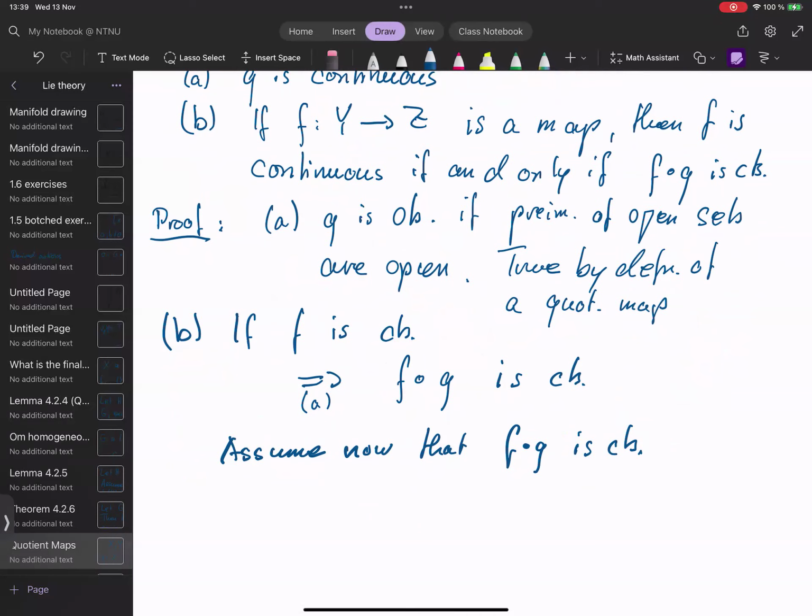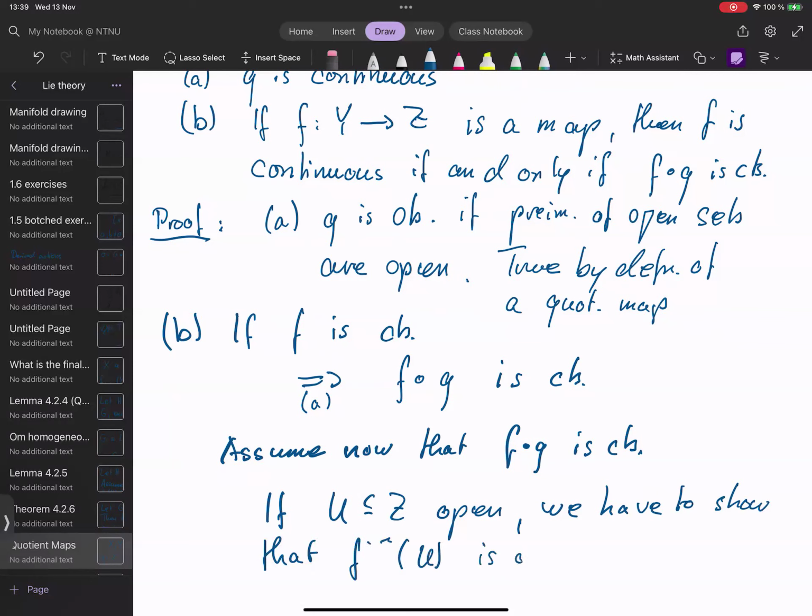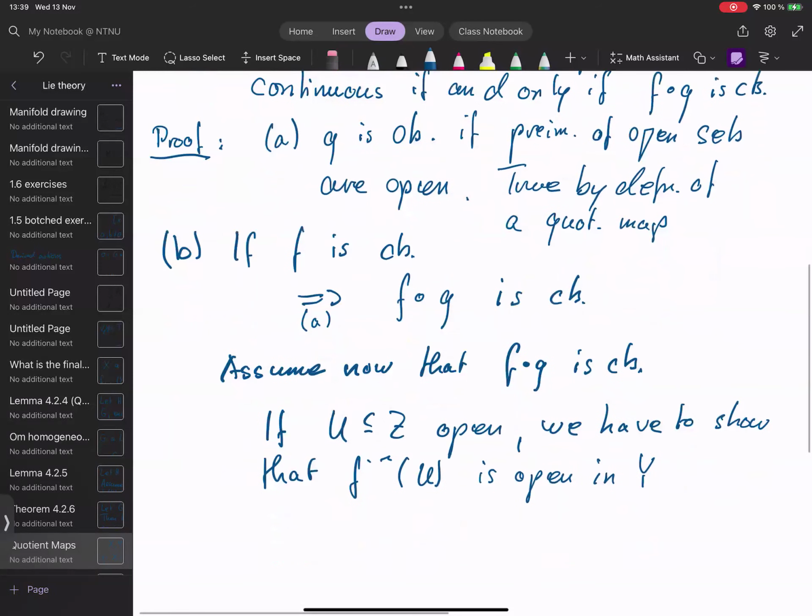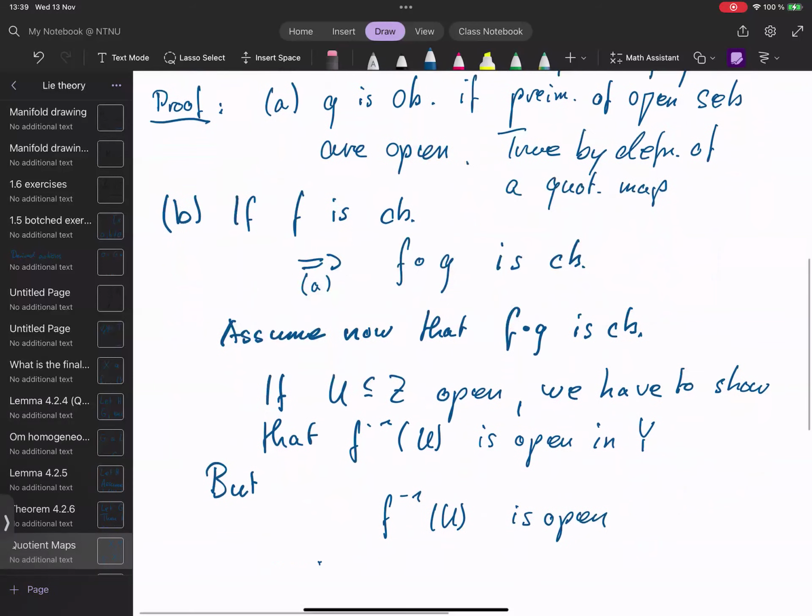So if U inside of Z is open, we have to show that the preimage under F is open in Y. Okay, but since Q is a quotient map, we see that the set F inverse of U is open if and only if the preimage of this set under the quotient map is open.